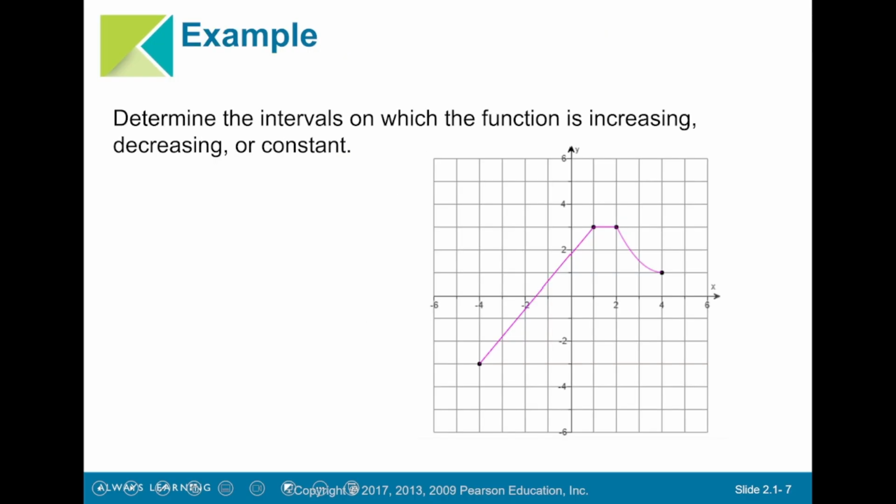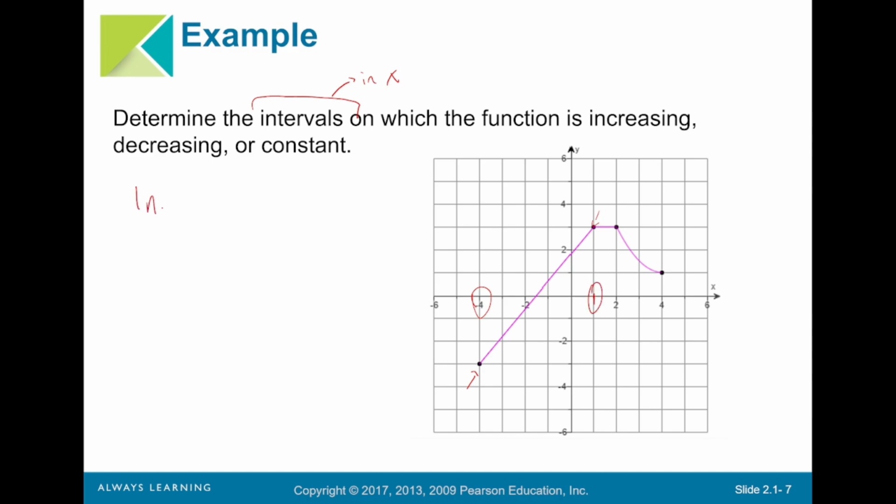So we'll ask you to do something like this. Determine the intervals on which the function is increasing, decreasing, or constant. And the intervals are all intervals in x. Okay, so looking at this function, I see it's increasing from here at -4 as my x value, all the way up to here where I have 1 as my x value.